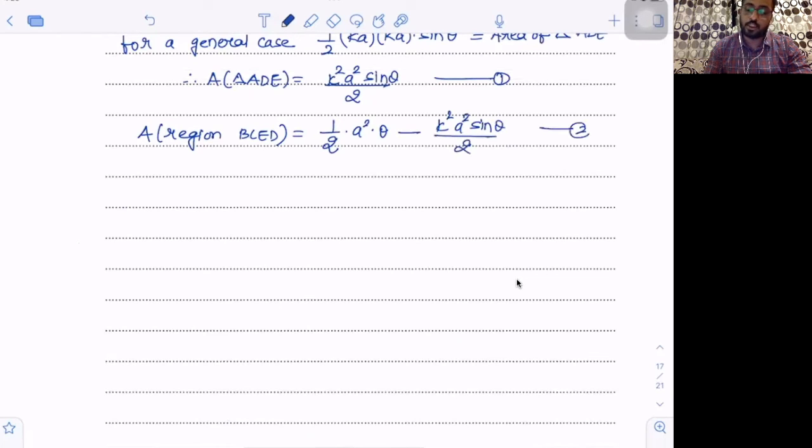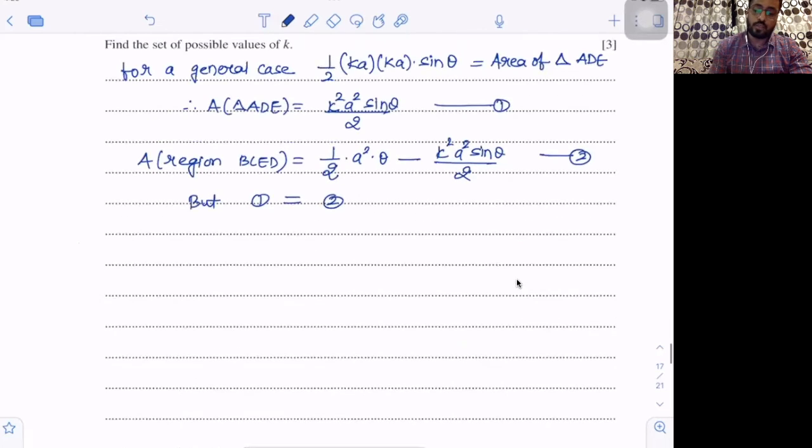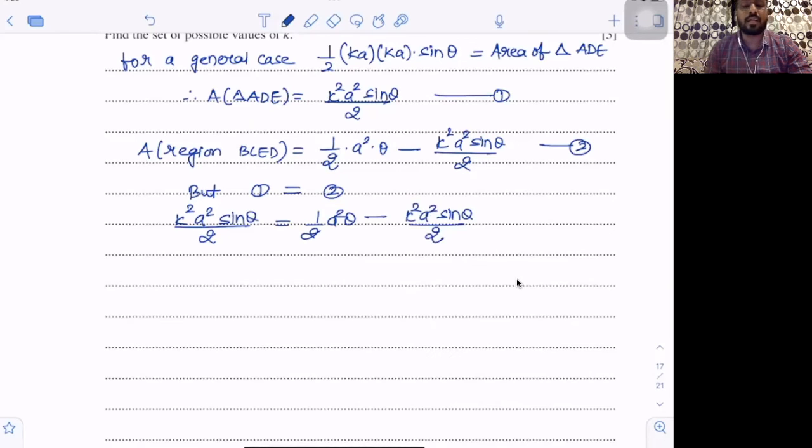I'm going to call this as 2, but I know 1 and 2 are equal. So I can write k square, a square sine theta upon 2 is equal to half a square theta minus k square, a square sine theta upon 2. You can collect the terms of k square, a square sine theta upon 2 together.